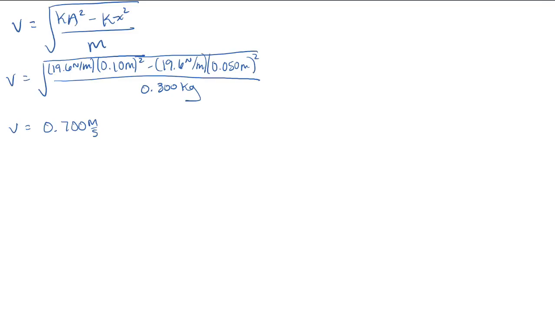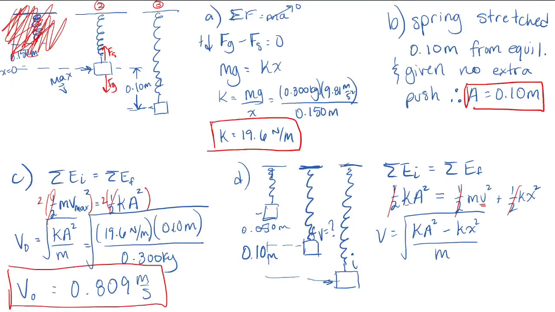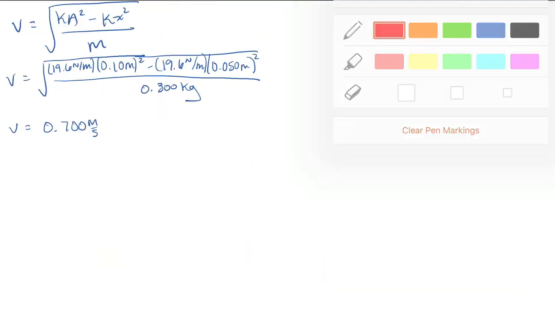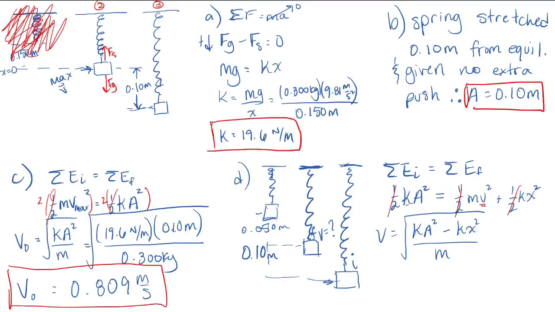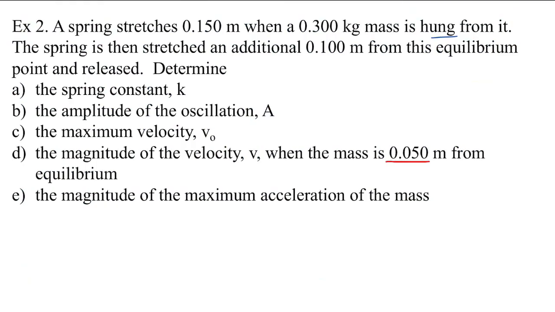I do need 3 significant digits throughout this whole thing, so I'm always using 3 significant digits. Notice that is less than the maximum velocity, but it's definitely not half, because the velocity is just not changing at the same rate that the displacement is.